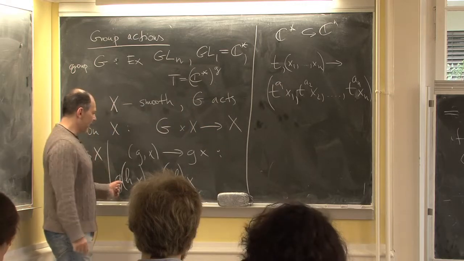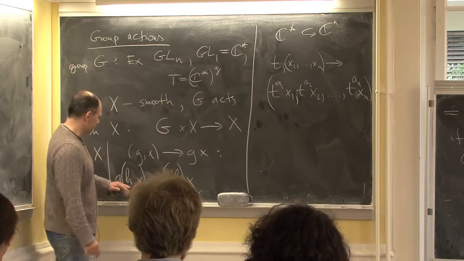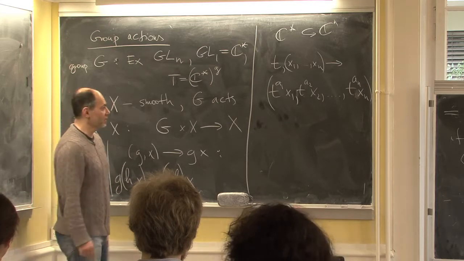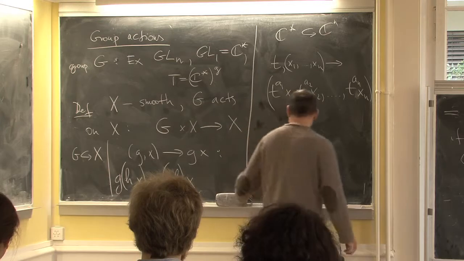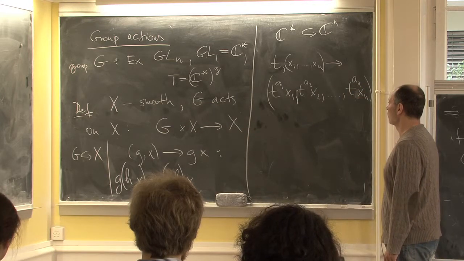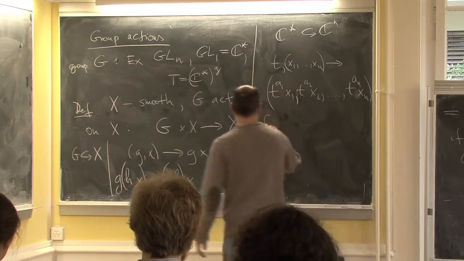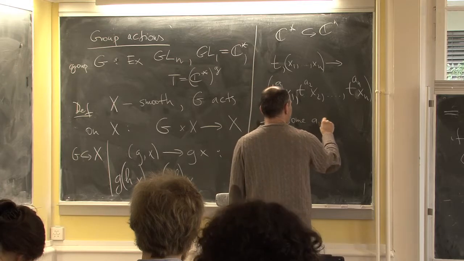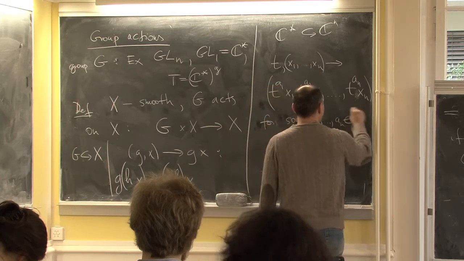So you want a map from C star to C star which is a homomorphism, basically. And so if you have a linear action, this is necessary for some a_1, ..., a_n integers.